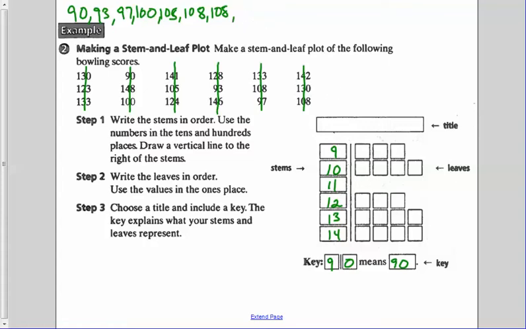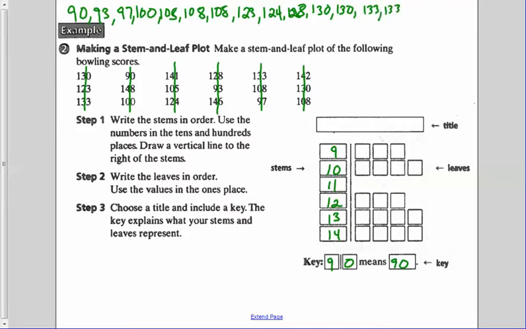So my next number I do have is 123. And then I have 124 and 128. There's a couple 130s, and then a couple 133s.